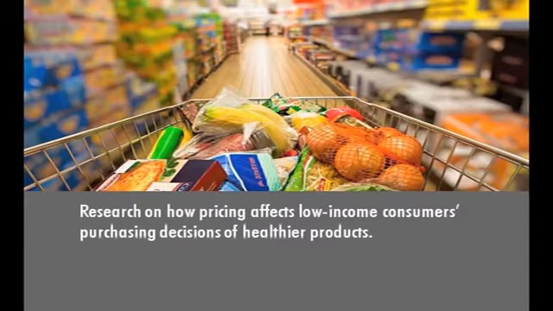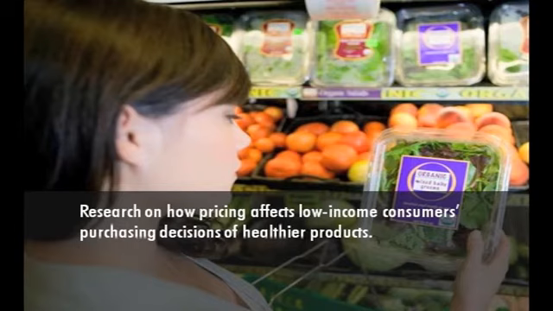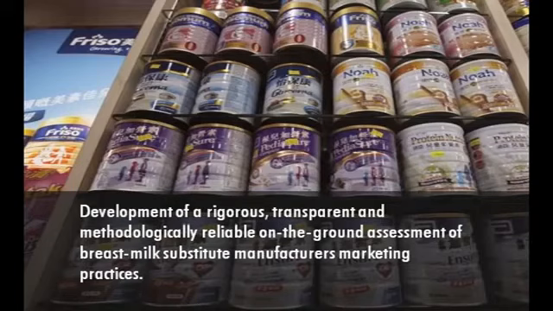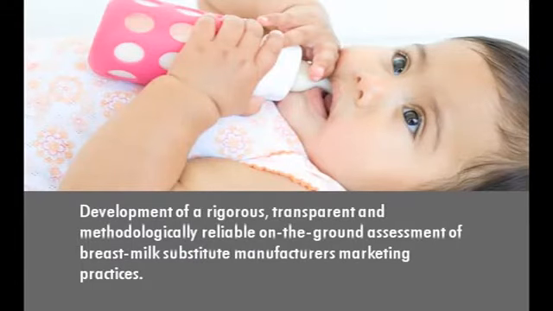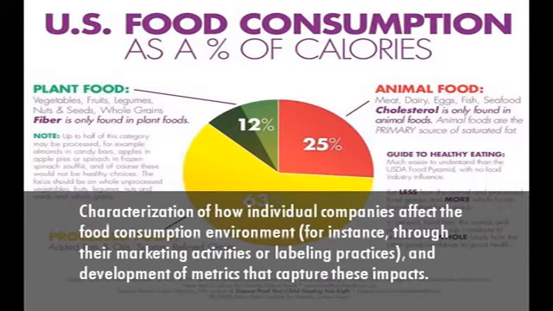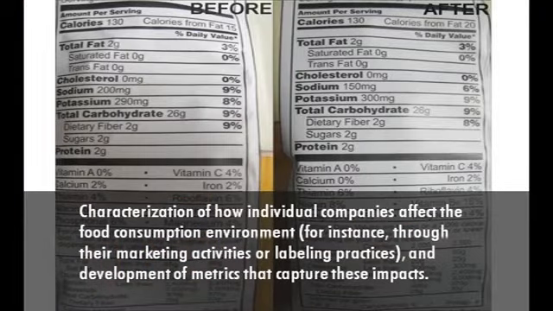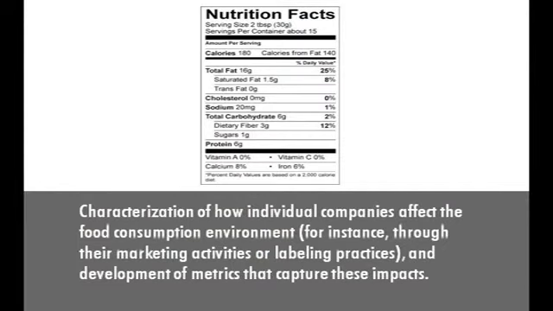Research on how pricing affects low-income consumers' purchasing decisions of healthier products. Development of a rigorous, transparent, and methodologically reliable on-the-ground assessment of breast milk substitute manufacturers' marketing practices. Characterization of how individual companies affect the food consumption environment, for instance, through their marketing activities or labeling practices, and development of metrics that capture these impacts.